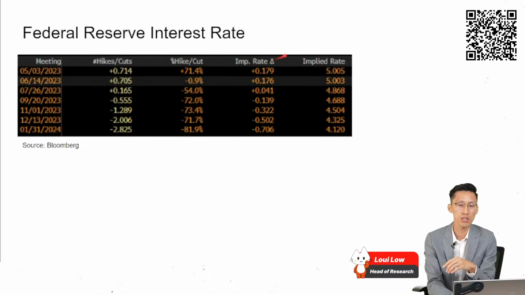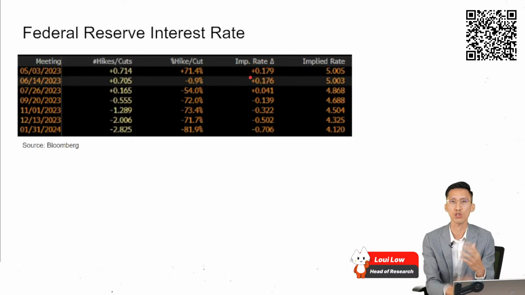If you look into this, perhaps it is about 0.179%, which means that it is not really 0.25%, but more towards slightly lower than that. What does it mean? Some economists say that maybe this round they won't be increasing any interest rate. So that is the idea here.